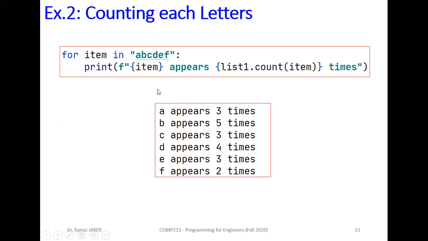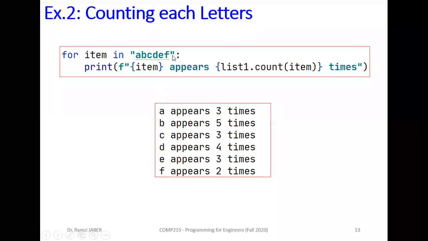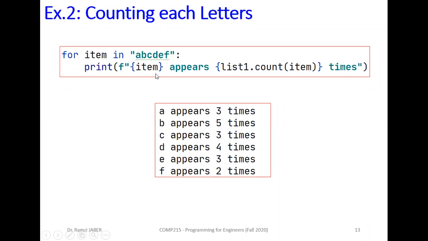B appears 5 times. C, and so on till F. So for each item from this string, how many repetitions inside the list? The count. Okay? Any question here?